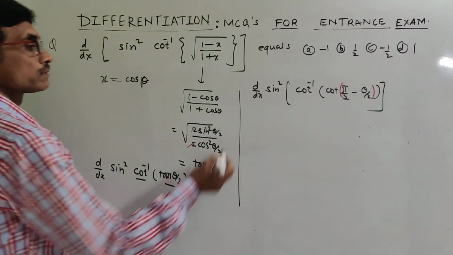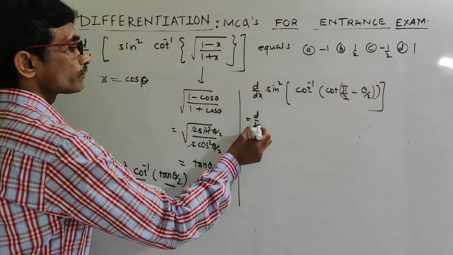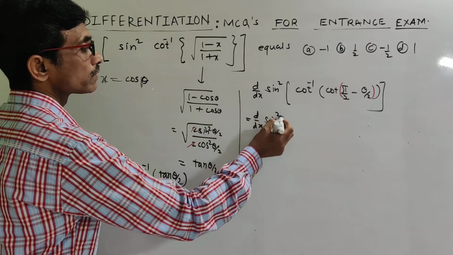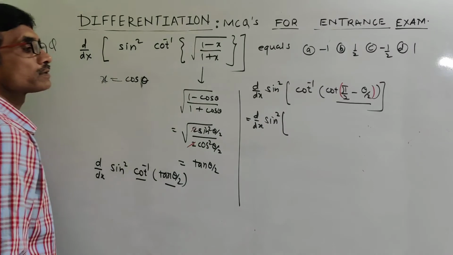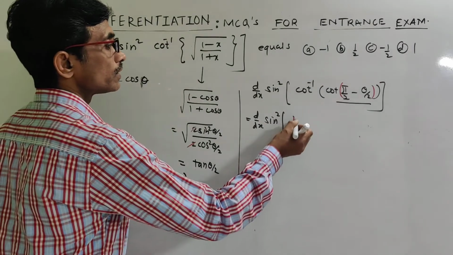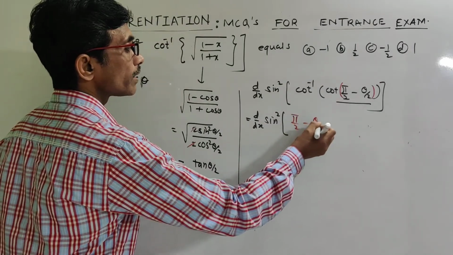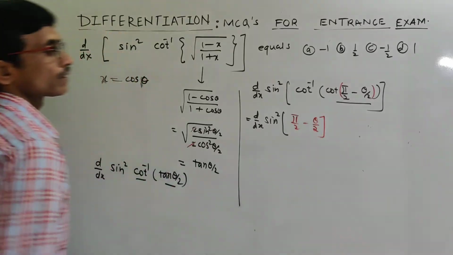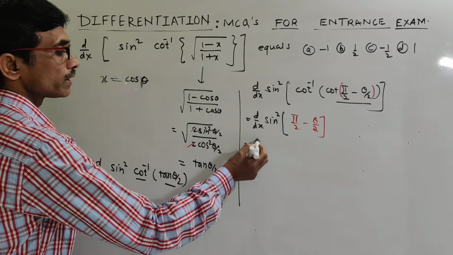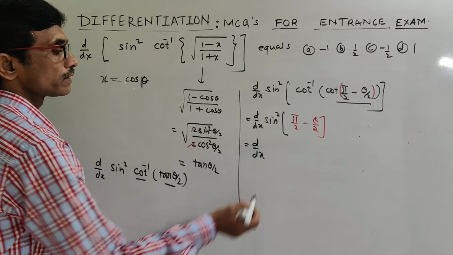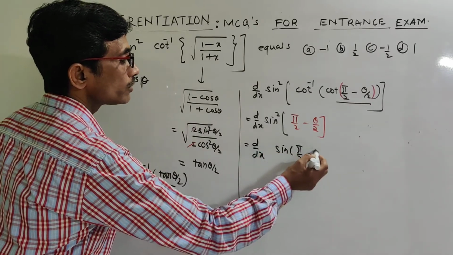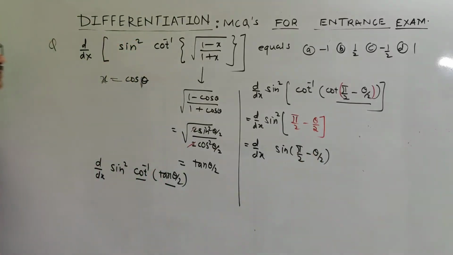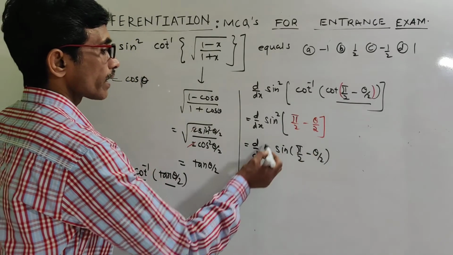which is derivative of sine square of pi by 2 minus theta by 2, and that will be derivative of sine of pi by 2 minus theta by 2 whole square.